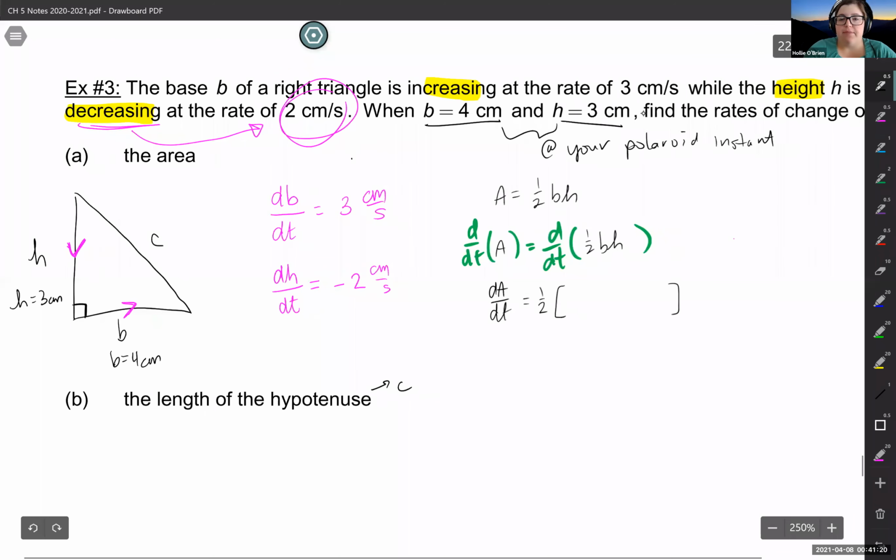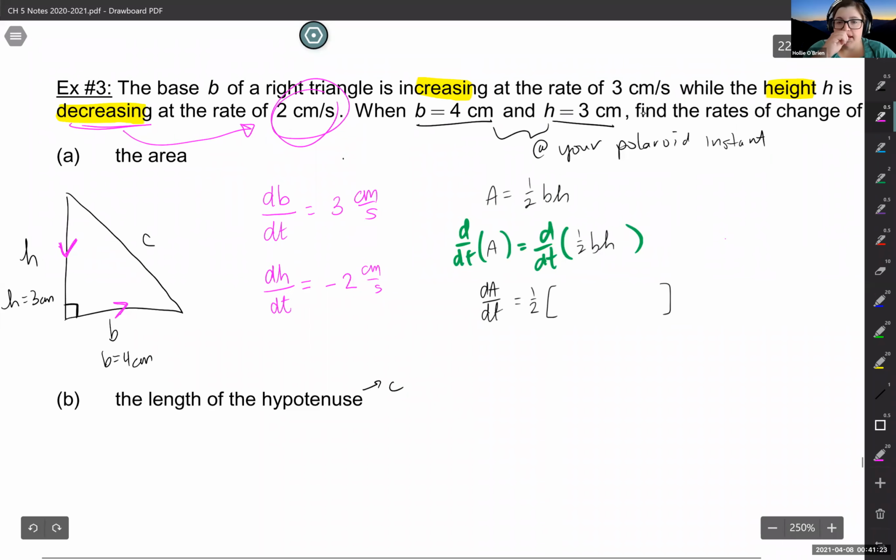So B is my U, H is my V. Remember, product rule, we have U V prime plus V U prime. So this is going to be B times the derivative of H.